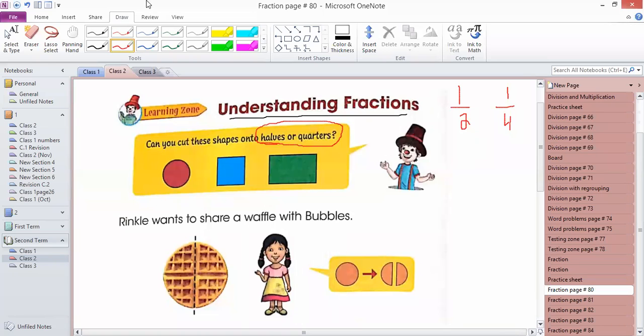These shapes, yes, we can cut. Look, guys, if I draw a straight line from the middle, the line should be straight, okay? If I draw a straight line from the middle, I can say that I have divided it into 2 equal parts.